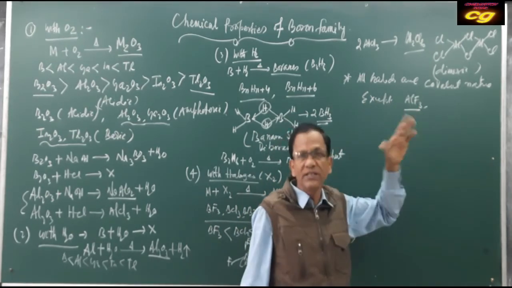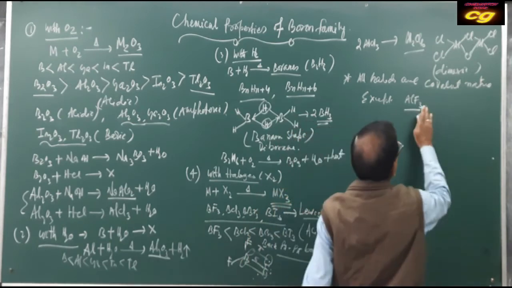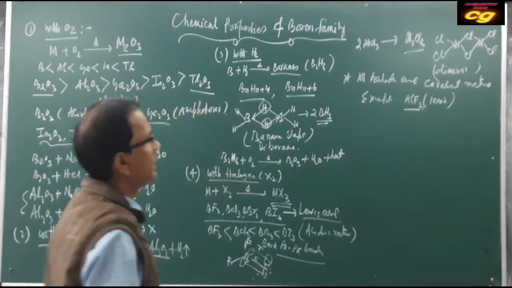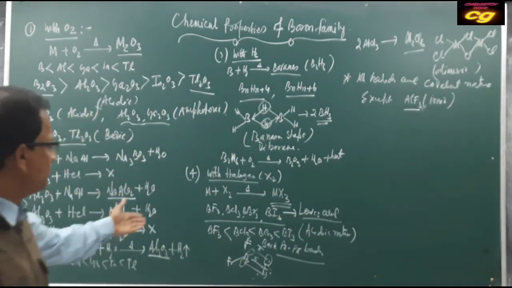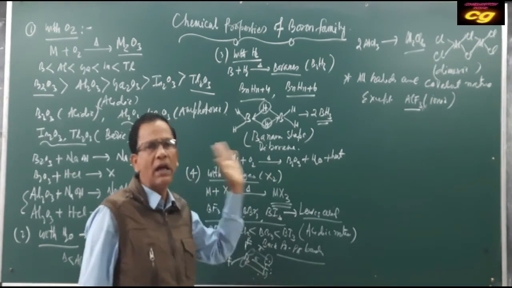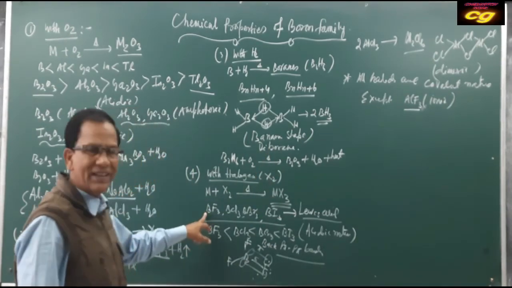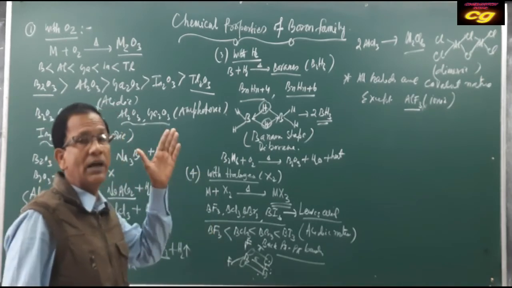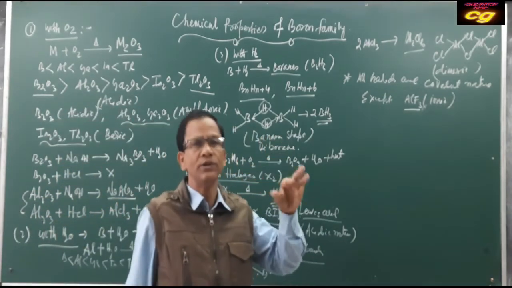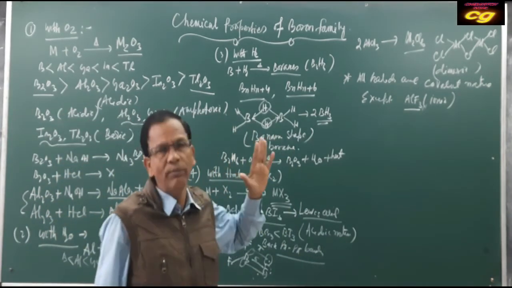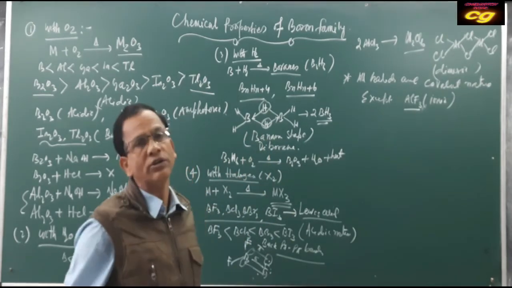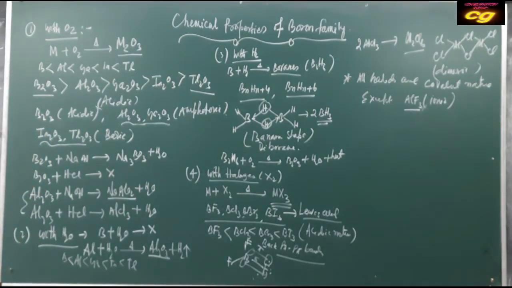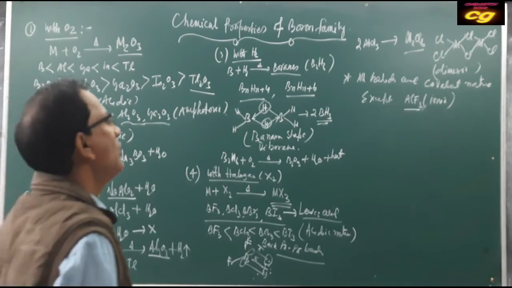That's why aluminum fluoride is ionic. But aluminum chloride, aluminum bromide, and the halides of boron all have covalent character. Because boron cannot lose 3 electrons, due to high ionization energies, I1, I2 and I3 combined are very high. That's why boron cannot lose 3 electrons completely, and it only produces covalent bonds. So almost all halides of boron family elements are covalent.